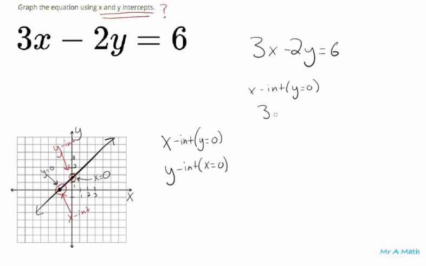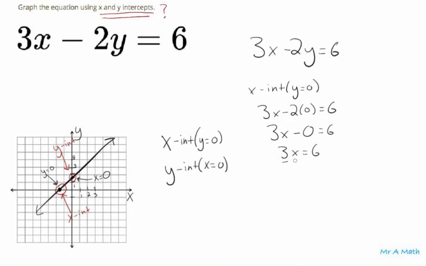So if I have 3x minus 2y, but now y is equal to 0, my equation is going to look like this: 3x minus 2y, which is 0 now, is equal to 6. Now if I combine like terms and do some multiplication here, I have 3x minus 2 times 0, which is 0, equals 6. And so I can rewrite that as 3x equals 6.